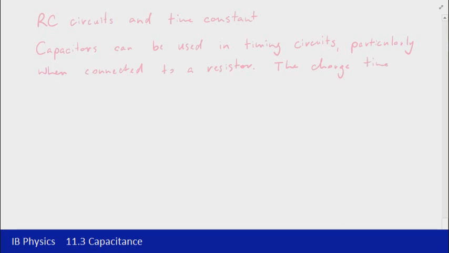So the charge time of a capacitor depends on current flow, and discharge likewise. And so if we have a large current flowing, then the capacitor will charge quickly. If we have a small current flowing, then the capacitor will take much longer to charge.